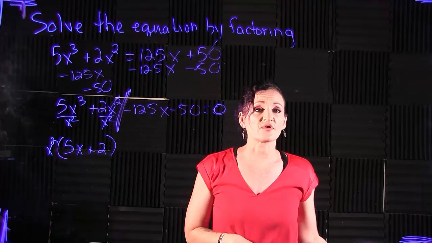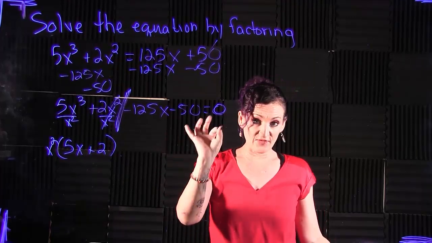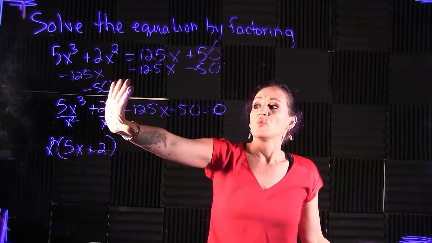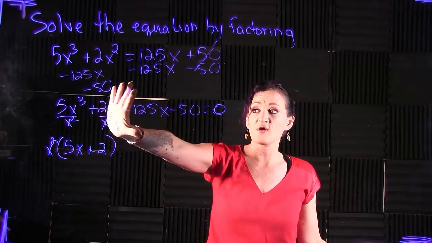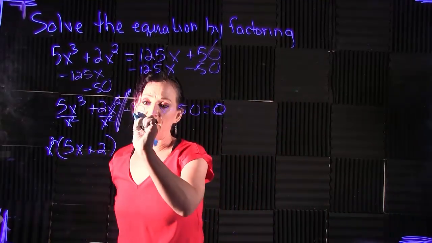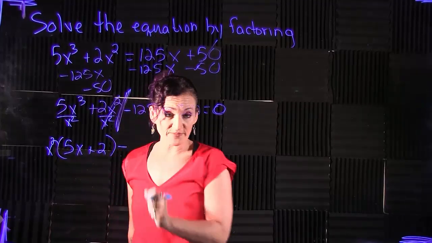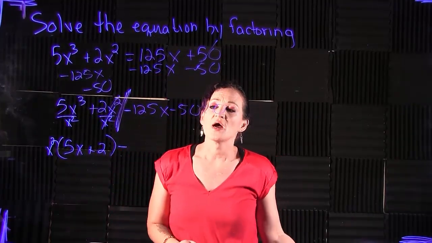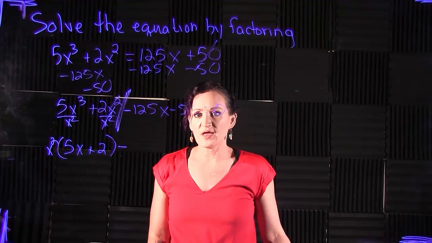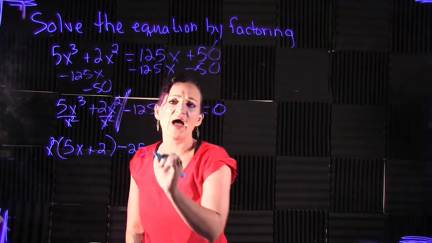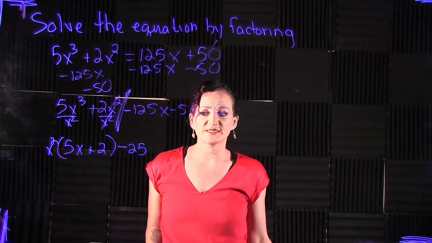Do the same thing for the back grouping over here. Factor out a GCF. And since we are treating this as if it's its own problem, when you have a negative number here in front as your leading coefficient, keep in mind that that negative does need to drop down with your GCF. Otherwise, out of 125 and 50, we do have a 25 in common, and it looks like that's it.